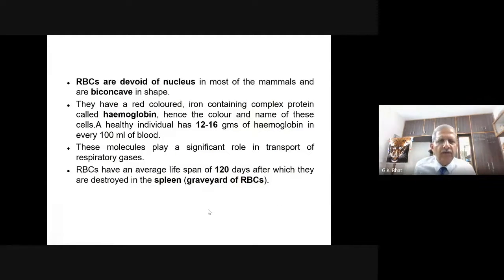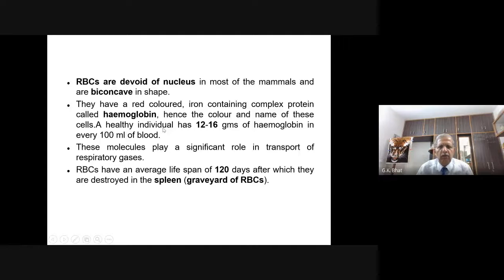Red blood corpuscles are devoid of nucleus in most of the mammals and are biconcave in shape. They have hemoglobin, that is why they are red colored. As you know, hemoglobin is an iron-containing complex protein.